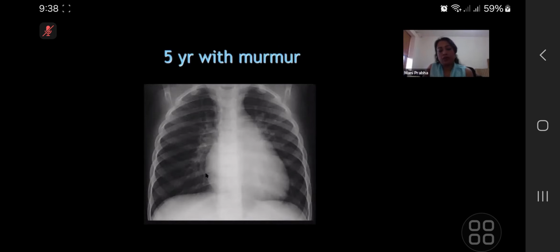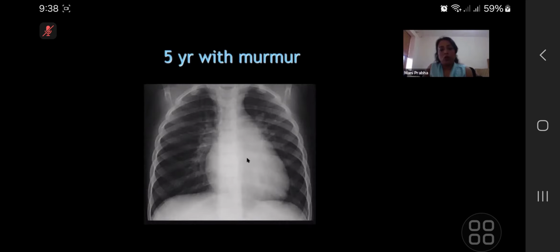The cardiac size is not significantly enlarged, and the apex is left-sided, so situs solitus. The aorta is on the left side, and there is some straightening of the cardiac border. I'll come back to this. There is increased pulmonary vascularity and an unremarkable bony cage.